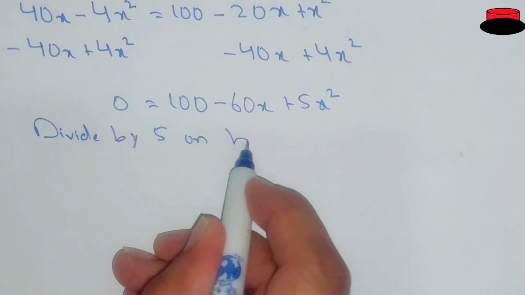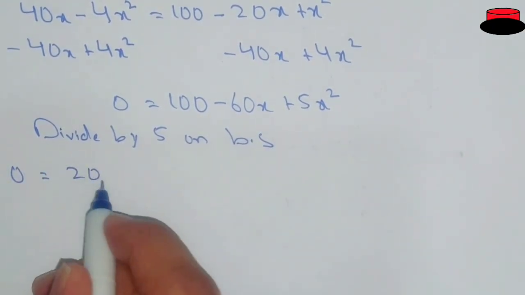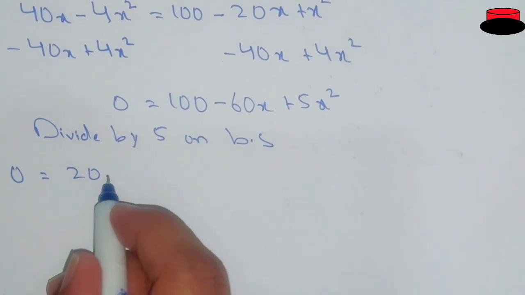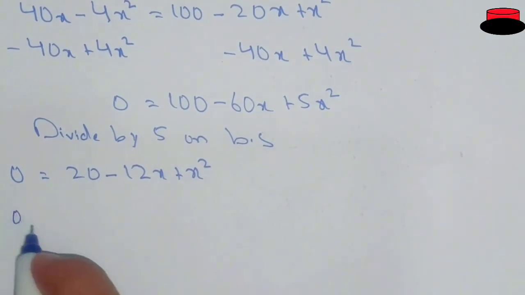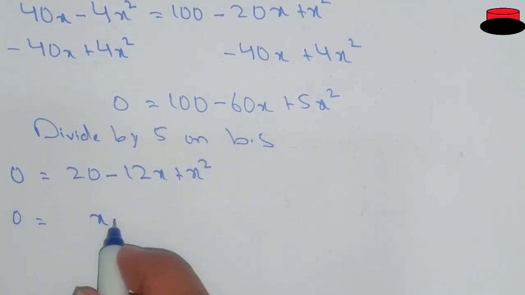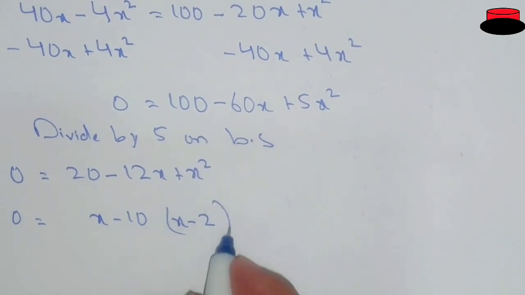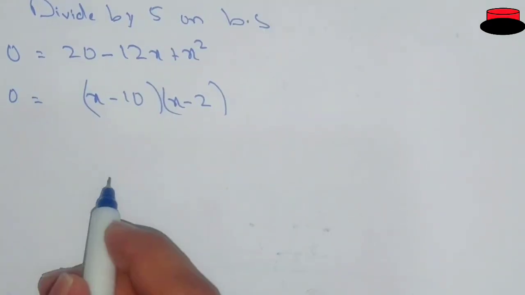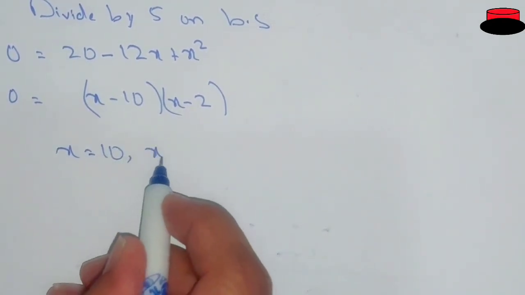Now dividing by 5 on both the sides. So here we have 0 equal to 20 minus 12x plus x square. Now we will apply the factorization formula. So we have the two brackets, x minus 10 into x minus 2.